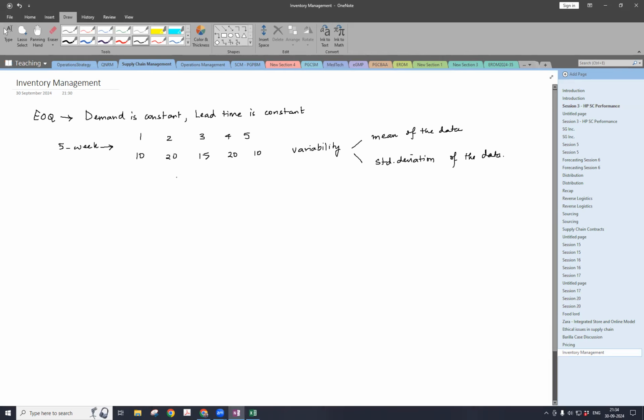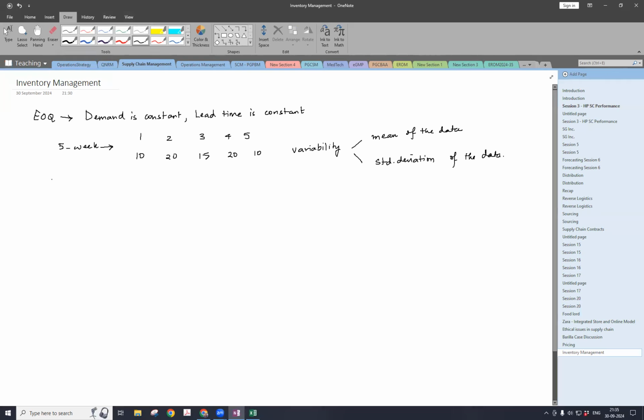What we mean by a pattern is, can we look at the histogram or the frequency distribution of the demand and find a pattern to it, right? These patterns give certain special properties to the mean and standard deviation, which we can use to further analyze what should be the right amount of inventory.